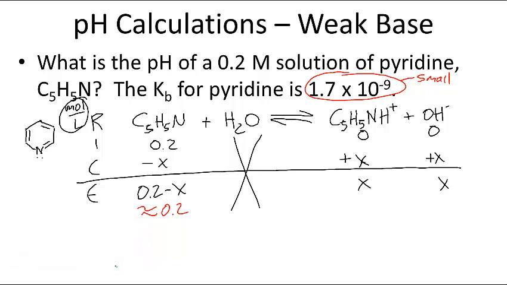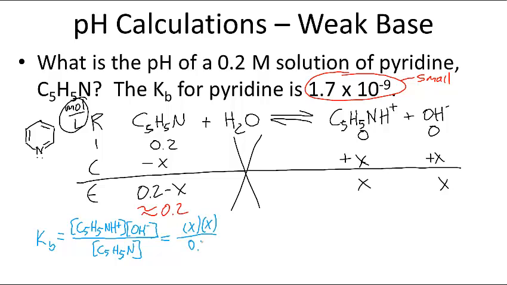When I set up my equilibrium expression, I get Kb equals the concentration of C5H5NH plus times the concentration of OH minus divided by the concentration of C5H5N. So that's going to equal X times X over 0.2, so X squared over 0.2. And that equals 1.7 times 10 to the negative 9th.